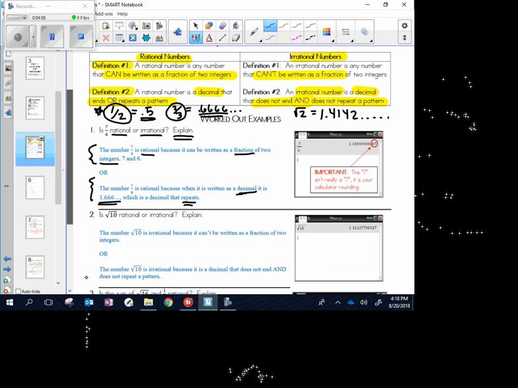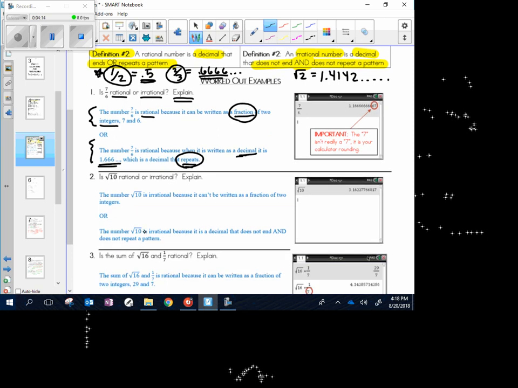Therefore, it's rational. Rationals are fractions. Rationals repeat. Square root of 10, is it rational or irrational? Explain. Here's one answer. It's irrational because it can't be written as a fraction of two integers. Or, I change it to a decimal, and it doesn't end, and it doesn't repeat a pattern.